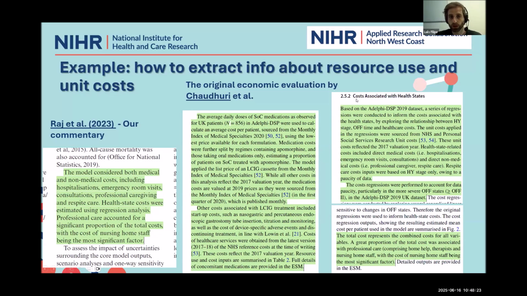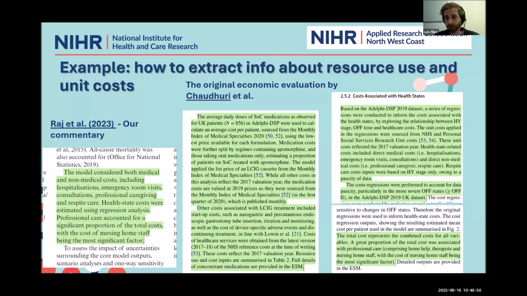Then if you go to these other subsection, costs associated with the health states, this is something different, which is Parkinson disease, depending on the state where the patient is going to cost differently. So being very simple, if the patient is in a more severe state, the patient will cost more. If the patient is in a less severe state, the patient will cost less.